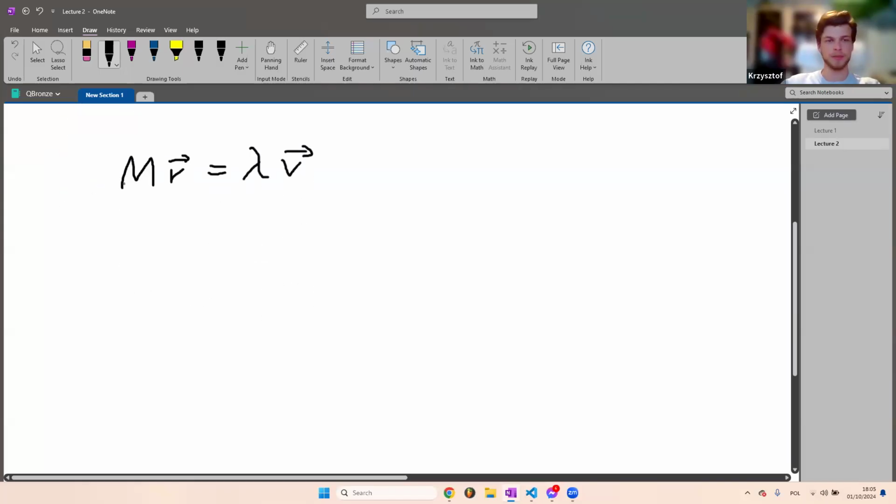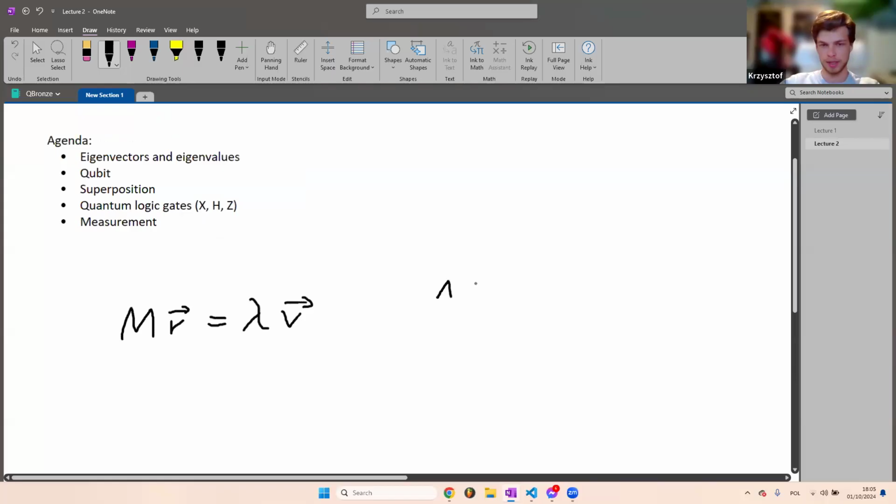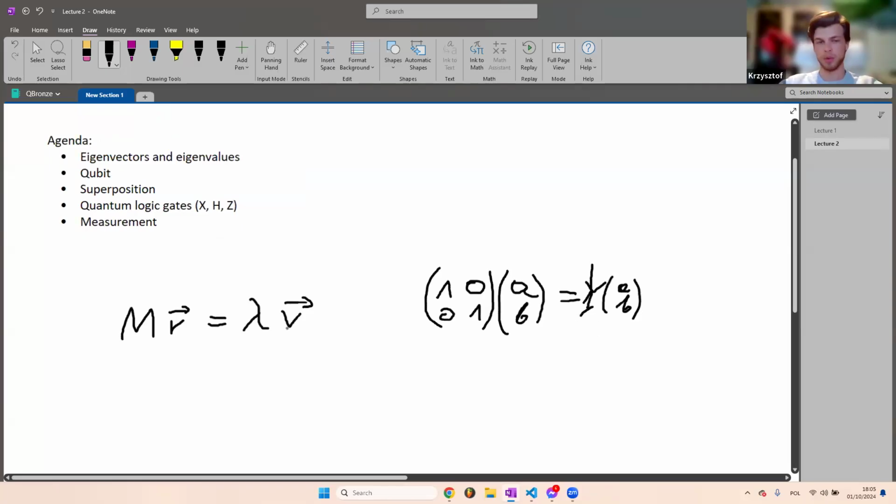To give you an example, you can think of the identity matrix, I'm sorry. And if you have vector AB, then the result is also AB with the eigenvalue of 1. So the lambda is what we call an eigenvalue.